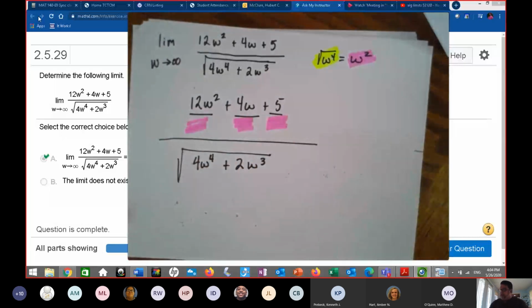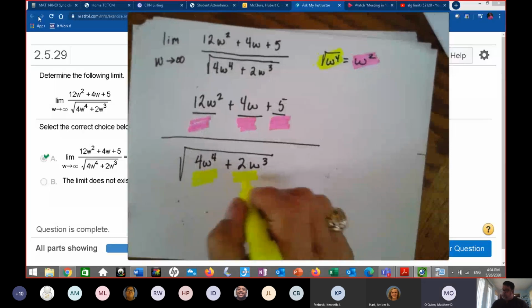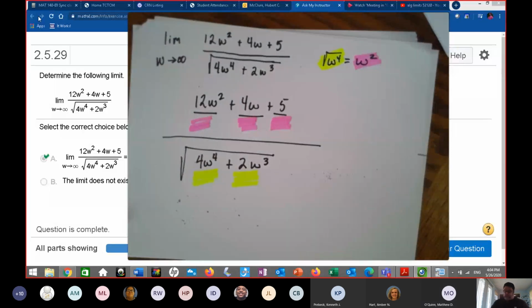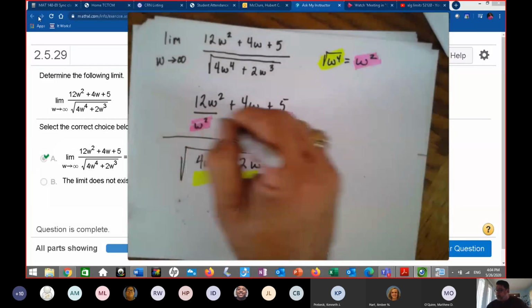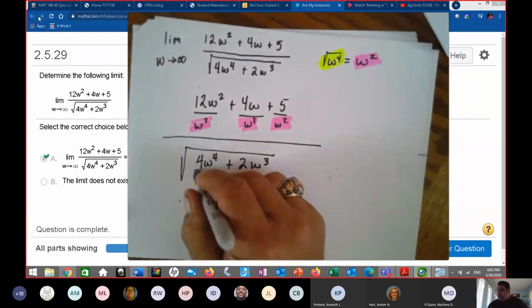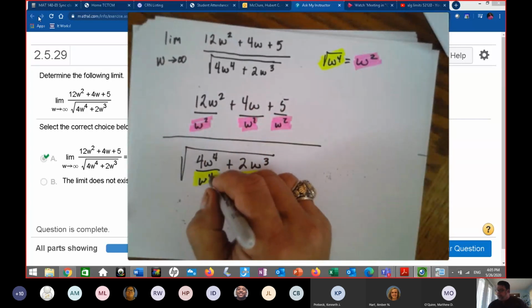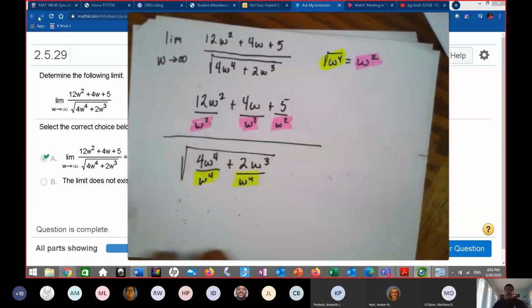And I'm going to divide on the top by W squared. And I'm going to divide the bottom by W to the what? Fourth. Now I want you to simplify those, and I want you to plug in infinity. And I guarantee you most of you will get it right.